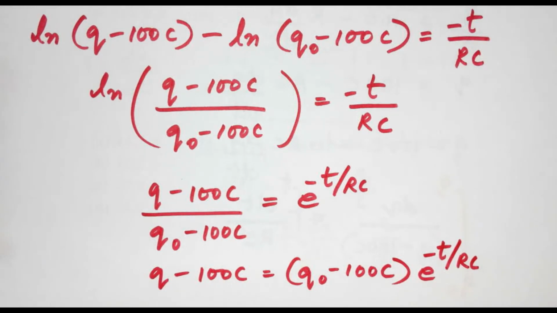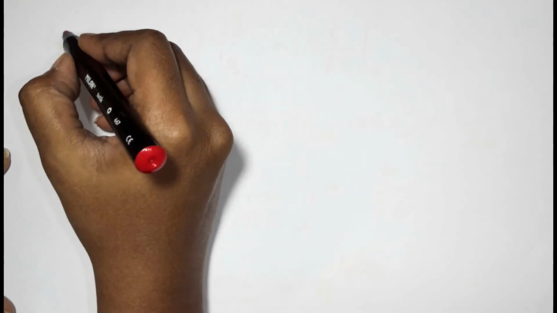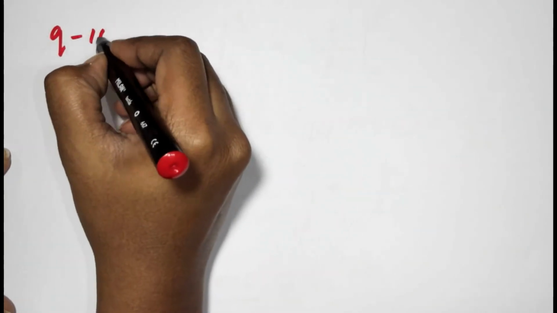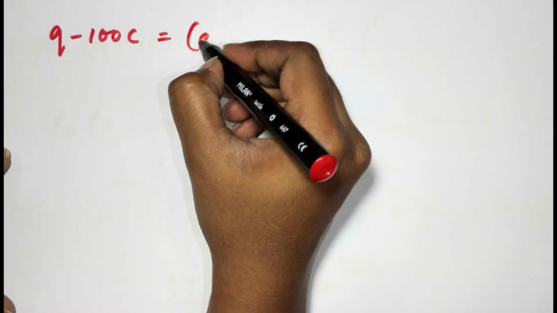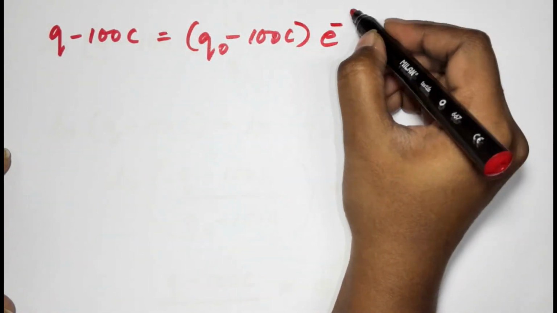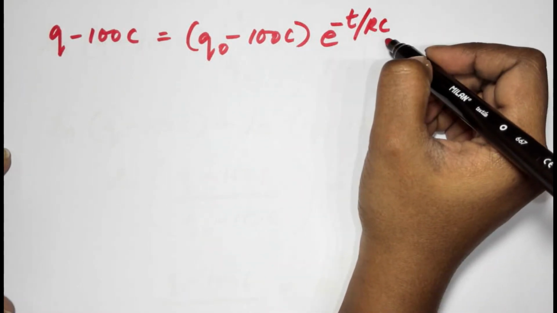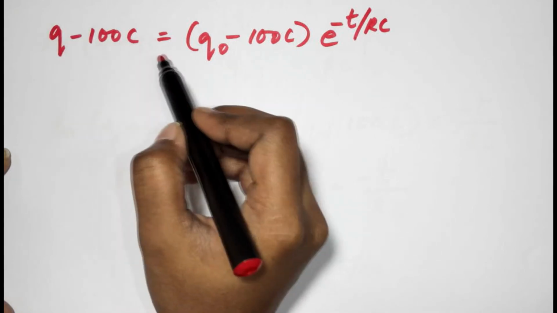Now we are going to differentiate this expression. RC over here is the expression for tau.